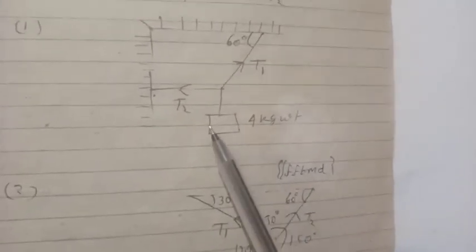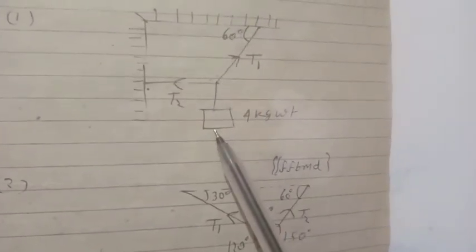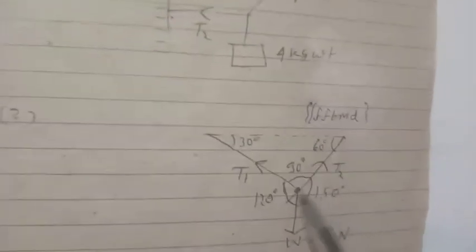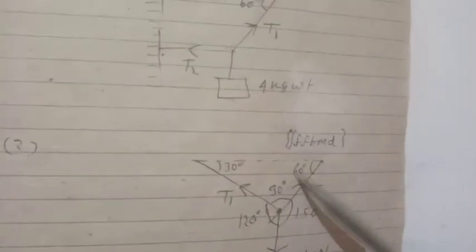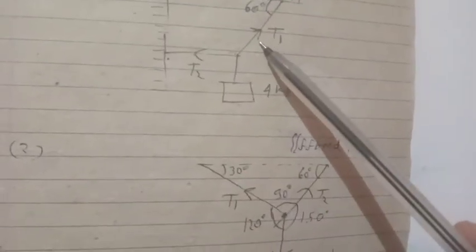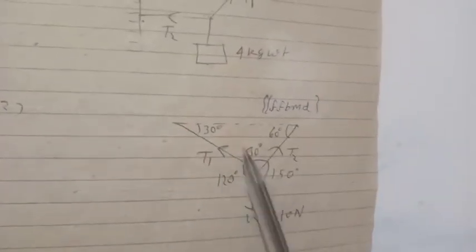So we can draw the free body diagram of this point and then solve the problem. Here this is shown. First we draw the free body diagram of this point. There are two problems, one is this and another is this. We will solve these two problems one by one.